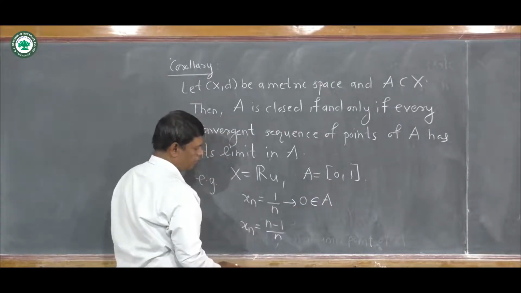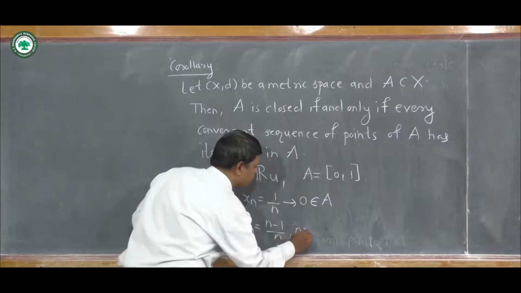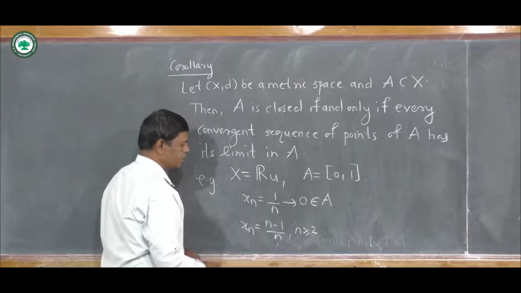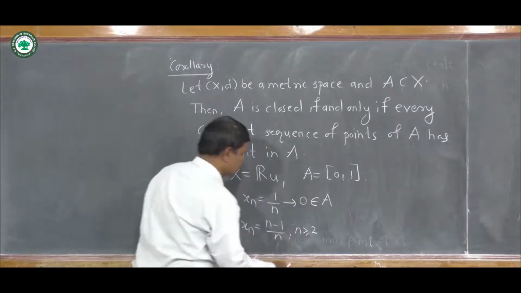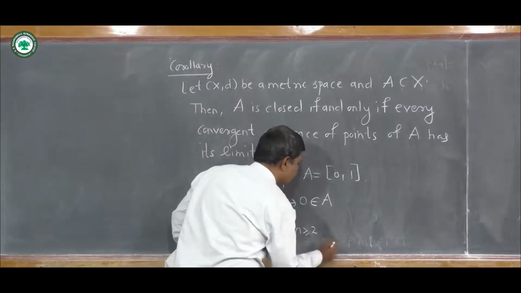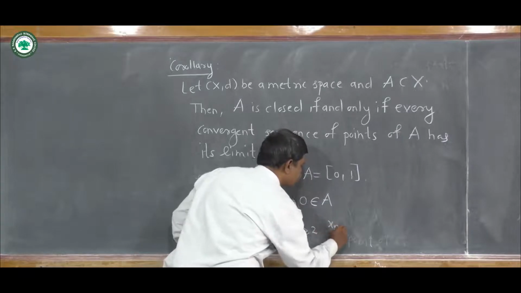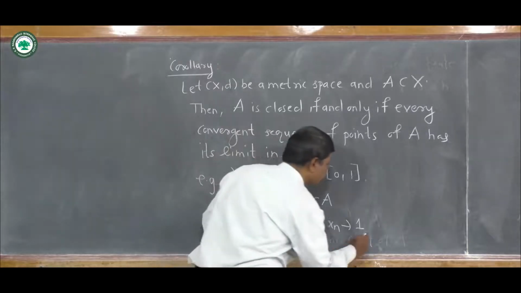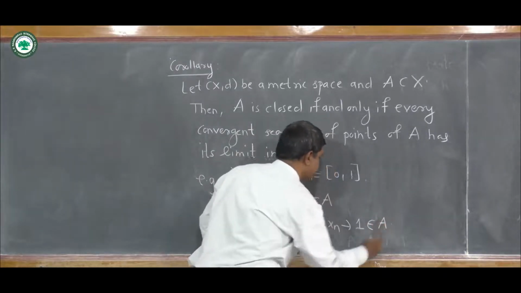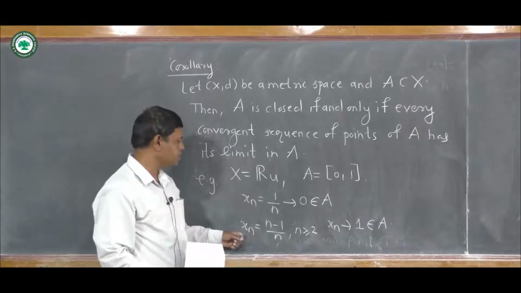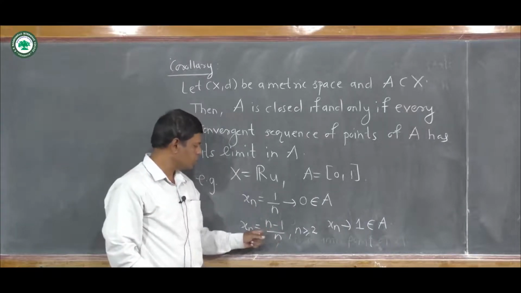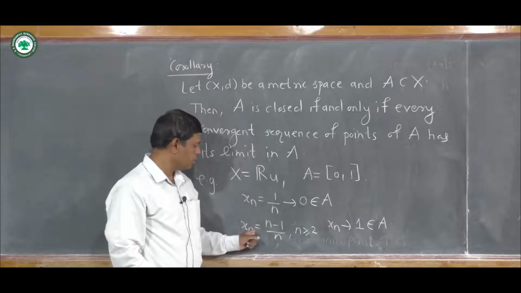If you take n greater than or equal to 2, then this sequence has limit 1, which is again in the set A. So the first element is 1 minus 1 upon 1.